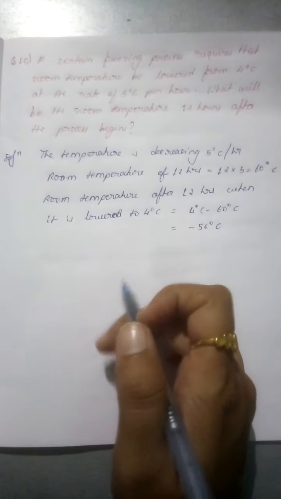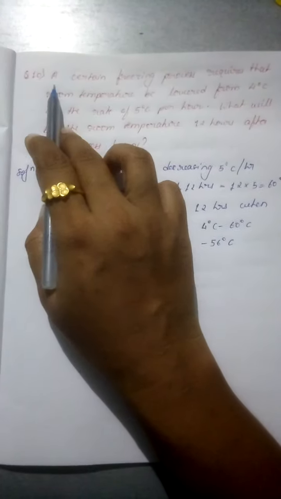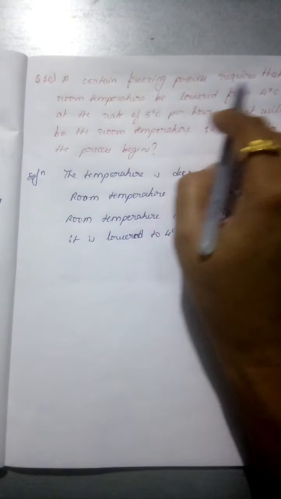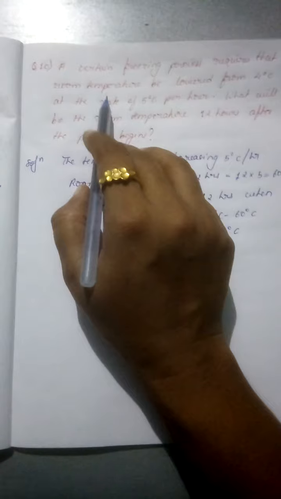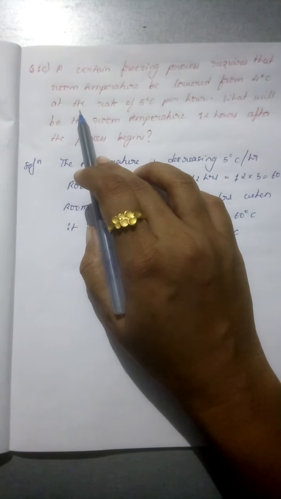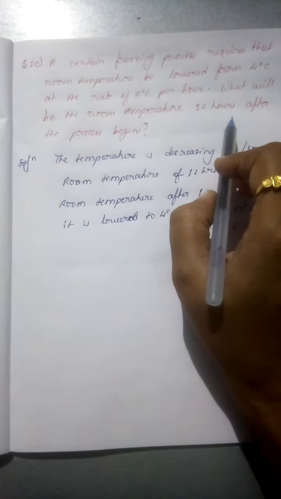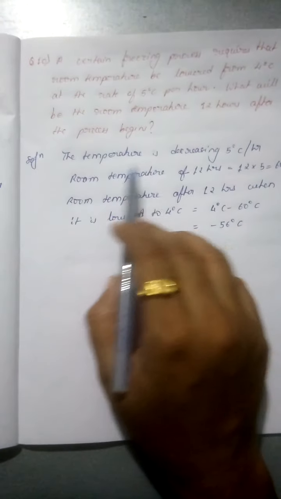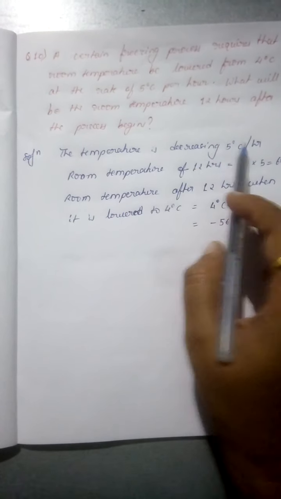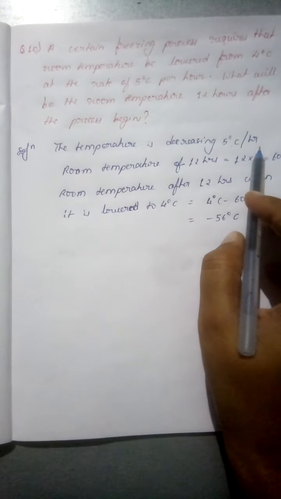Then the next is question number 10. It is given that a certain freezing process requires that room temperature be lowered from 4 degrees at the rate of 5 degrees per hour. What will be the room temperature 12 hours after the process begins? The temperature is decreasing at 5 degrees Celsius per hour.